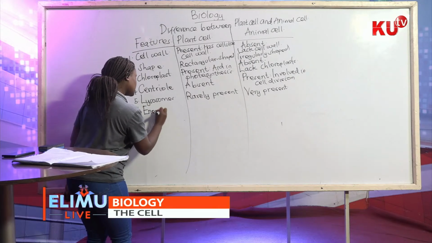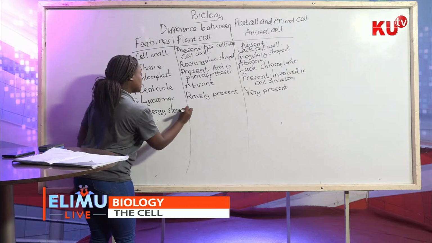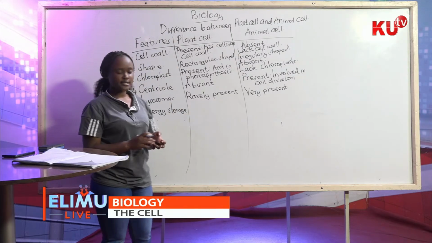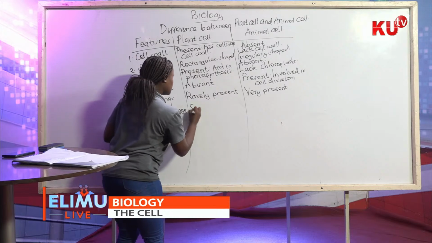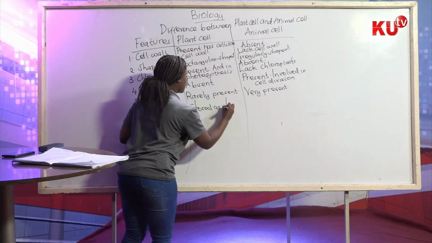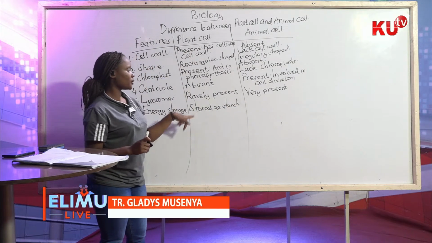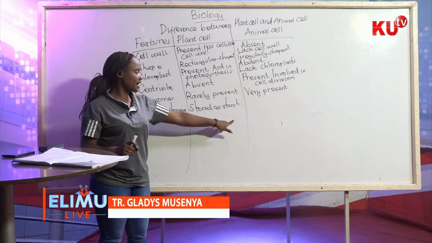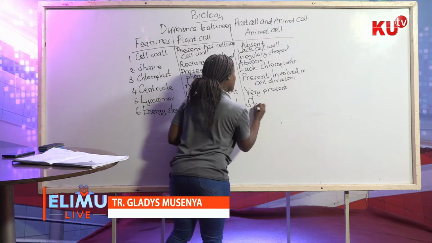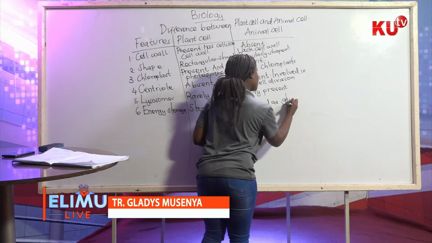Now, the sixth one, we have energy storage. In plant cells, energy is stored as starch. In animal cell, it is stored as glycogen.